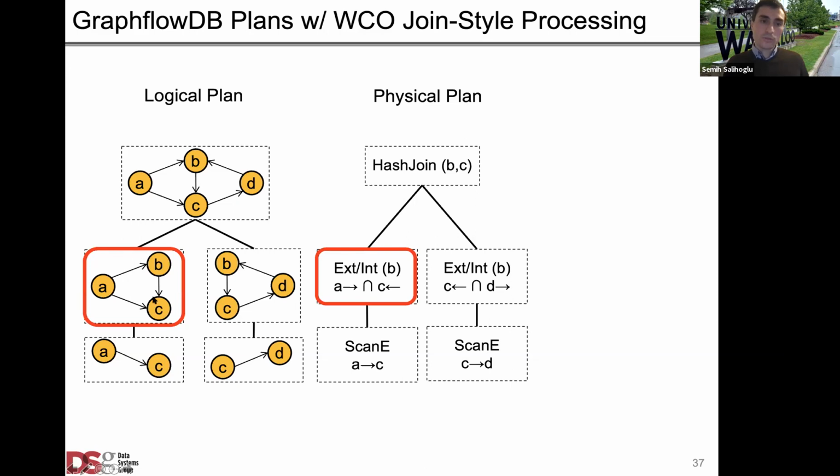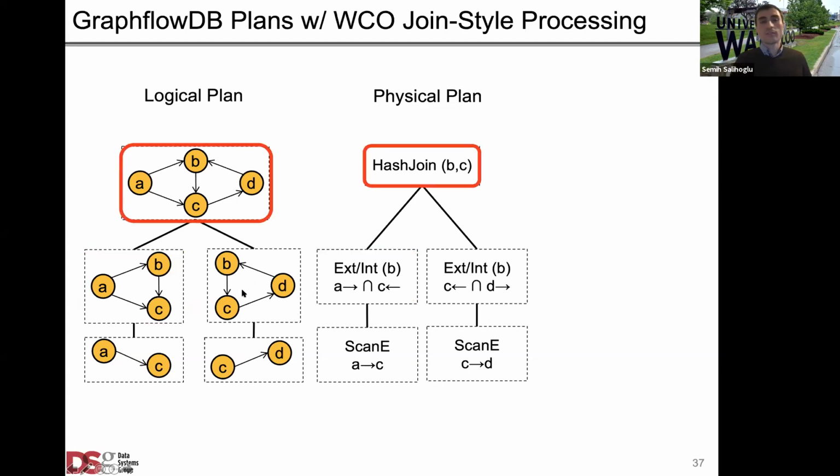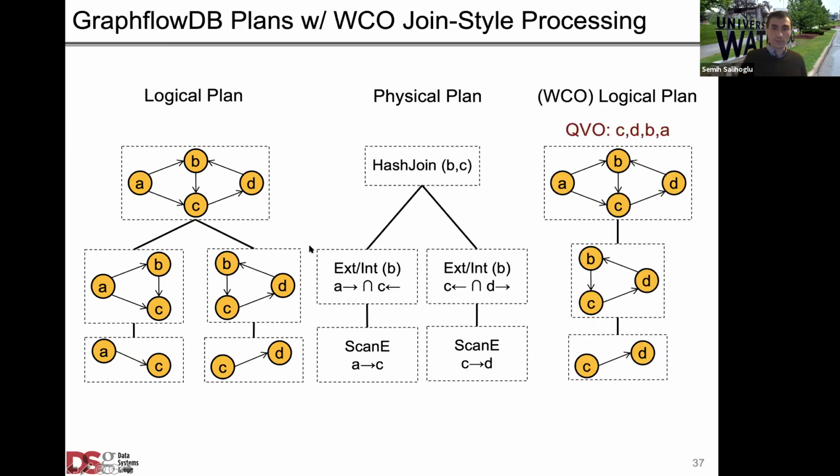Some nodes have a single child, and what that means, for example, this ABC means scan AC nodes and then perform a generic join type of intersection-based join to match the triangles over here. Similarly, these BCDs are performed using generic join type of intersection-based joins. And then you've got nodes with two children, which represent a binary join, and those are implemented with a hash join operator in the system.